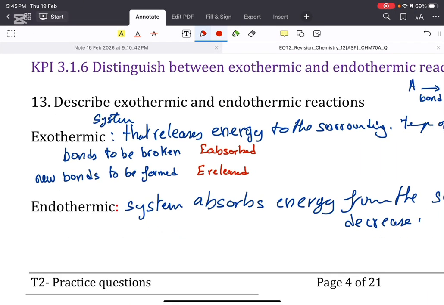But for the system to be exothermic, the energy released must be more than the energy absorbed. Therefore, the overall is going to be exothermic. And here we say that the bonds of reactants are weaker than the bonds of products.